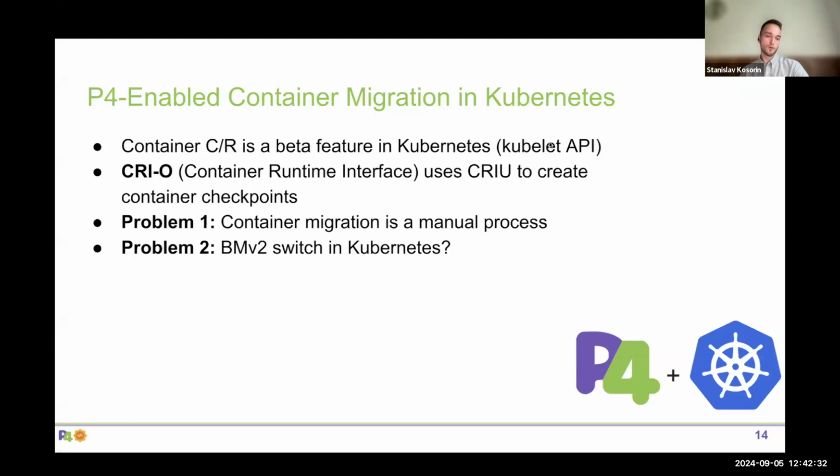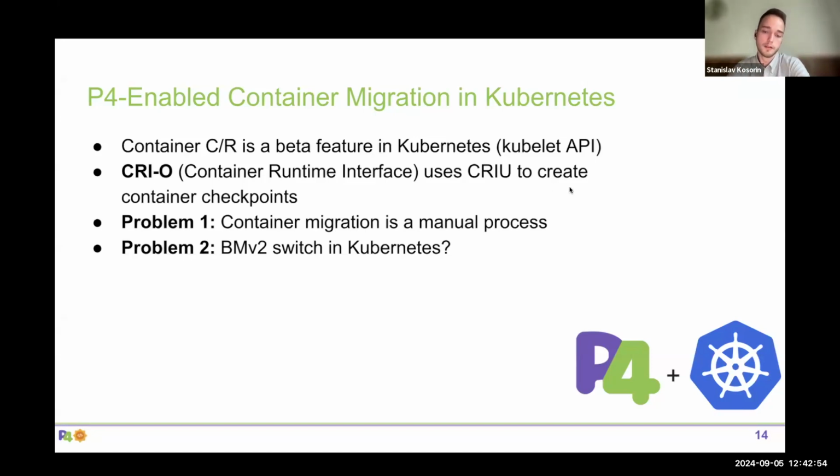So finally, we get to exploring Kubernetes a bit. As we already mentioned, the container checkpoint in the Kubelet API is a beta feature. Under the hood, if we use the container runtime interface CRI-O, that uses CRIU again to create these container checkpoints.